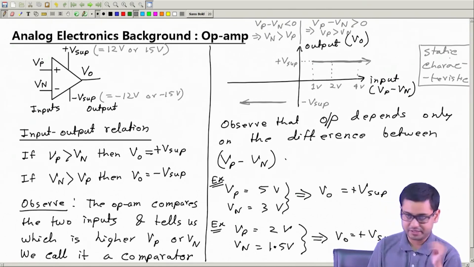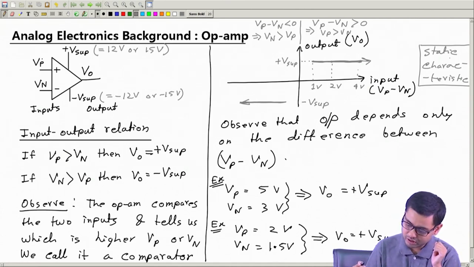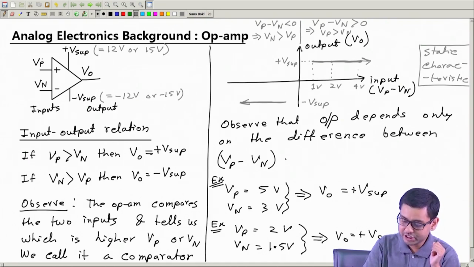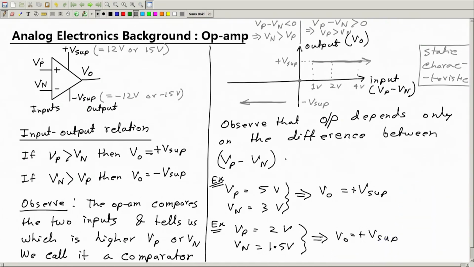Roughly speaking. Now you may ask the question, what happens if VP is equal to VN? That means at this point, where VP minus VN is equal to 0.